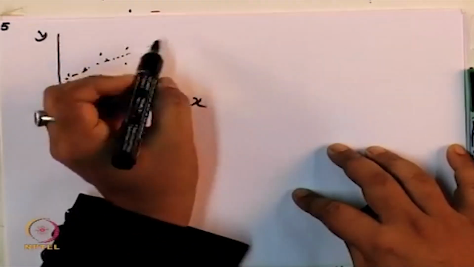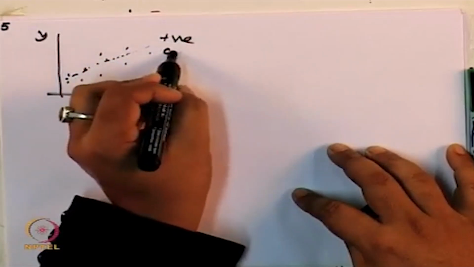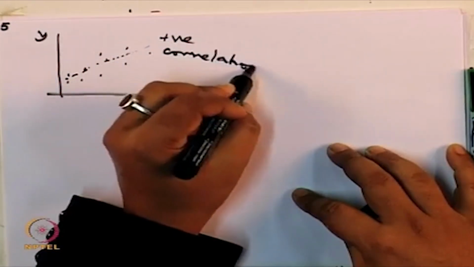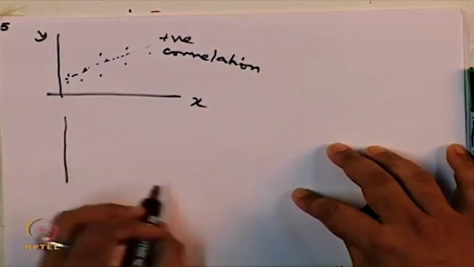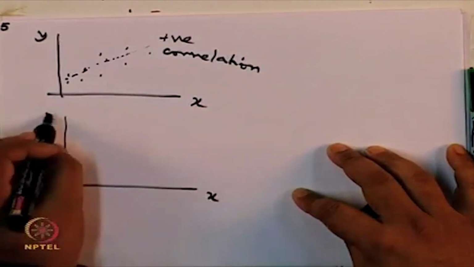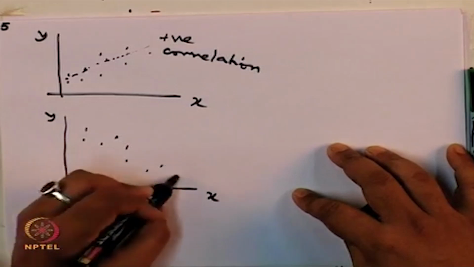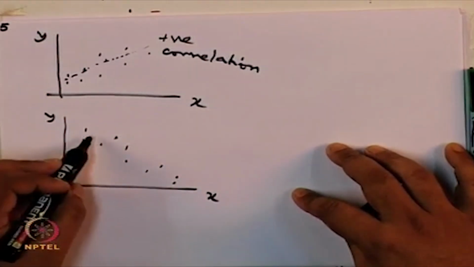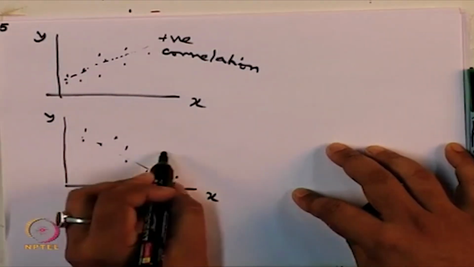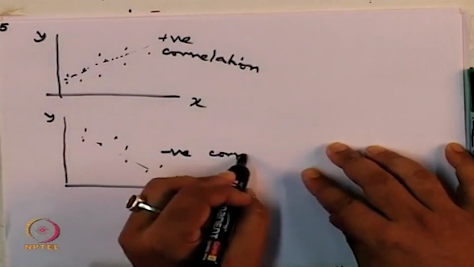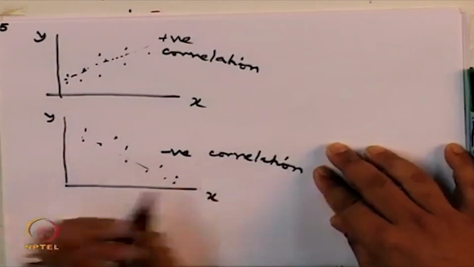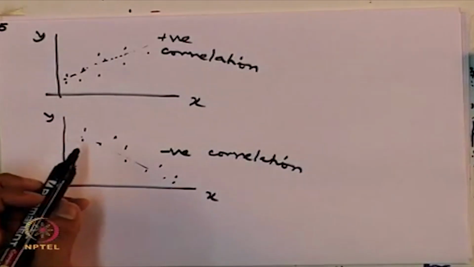Okay. So this is an example of positive correlation. On the other hand, if my data were to look something like this, this is negative correlation, as we saw in the case of weight and fitness.